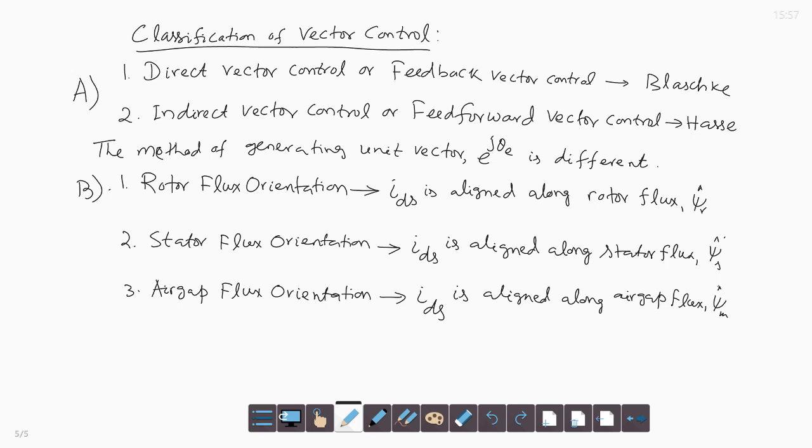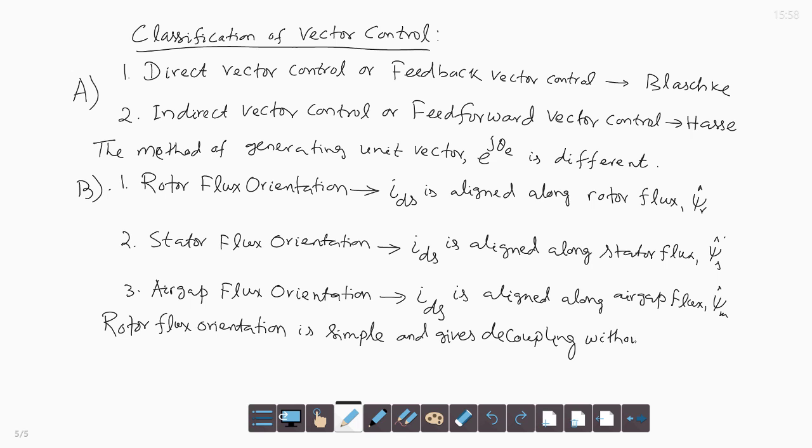Out of these three, the rotor flux orientation is mostly preferred because it is simple and gives decoupling of IDS and IQS, flux and torque, without any additional network.